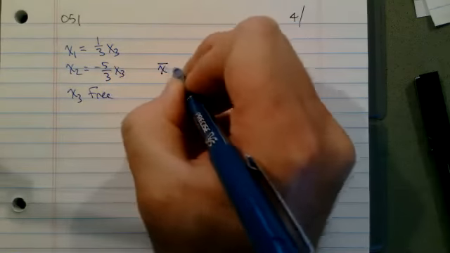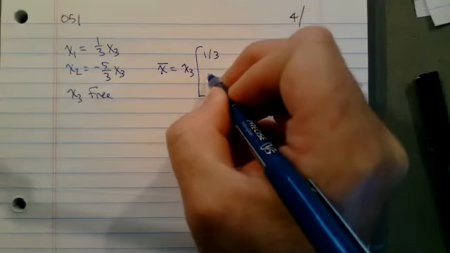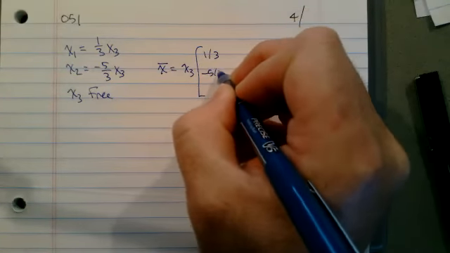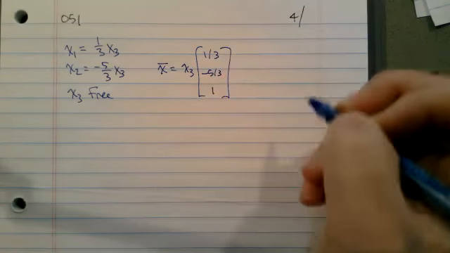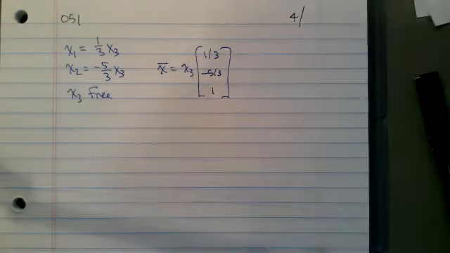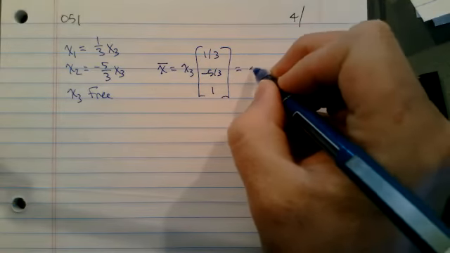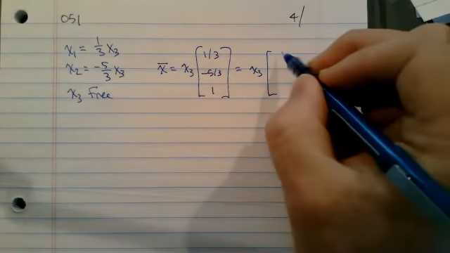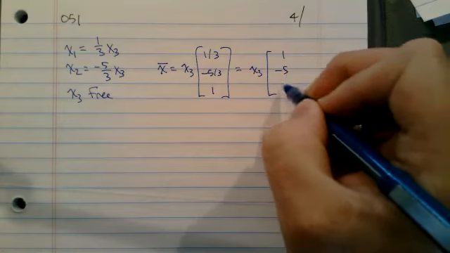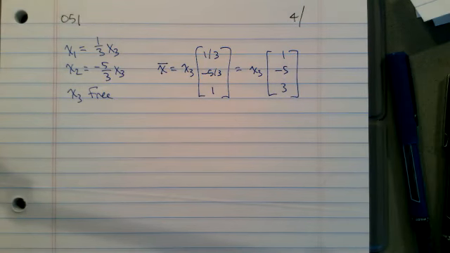So x will look like x3 times the vector 1/3, -5/3, and 1. If we don't like writing the fractions, we can also say this is the same thing as just some other x3 times, say, 1, -5, 3. If I just multiply the whole thing by 3, now I've got nice integers and everything's cool.